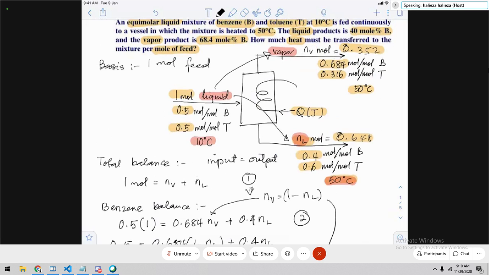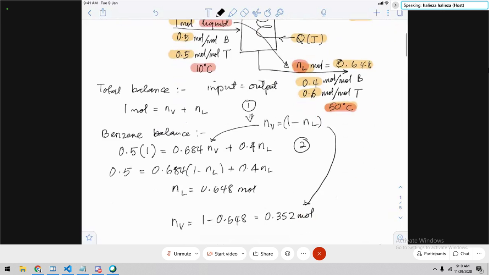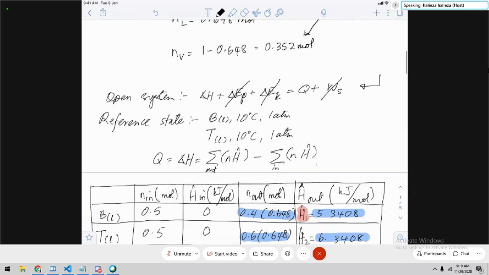Let me see whether the textbook uses a different reference state. Okay, the reference state is the same as what we have, which is the inlet. It's easier to use the inlet as the reference state. So it's all about using your energy balance equation, solving for Q.